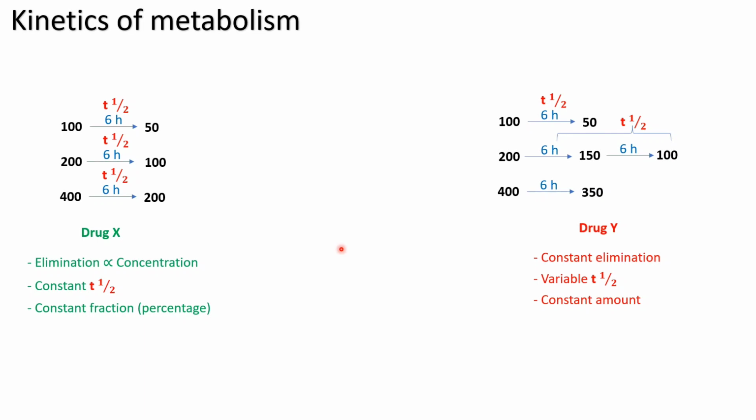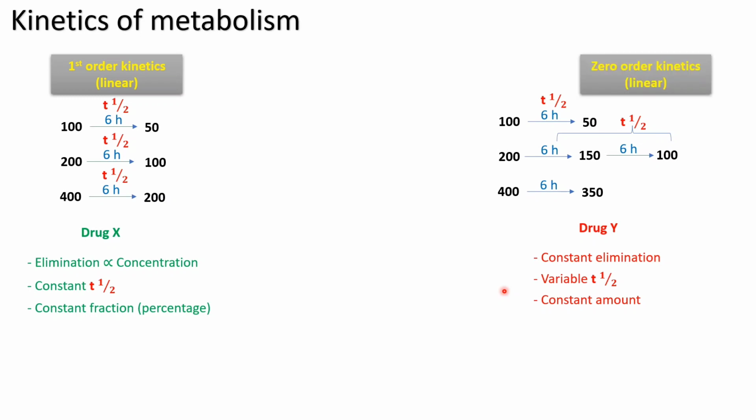Okay, the kinetics of drug X we call first order kinetics or linear kinetics, because when we increase the concentration of the drug, the rate of elimination is increased also, and the kinetics of drug Y is called zero order kinetics.